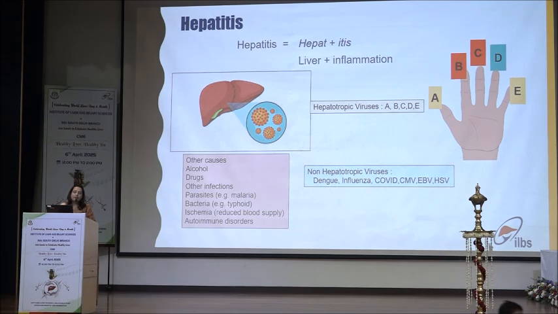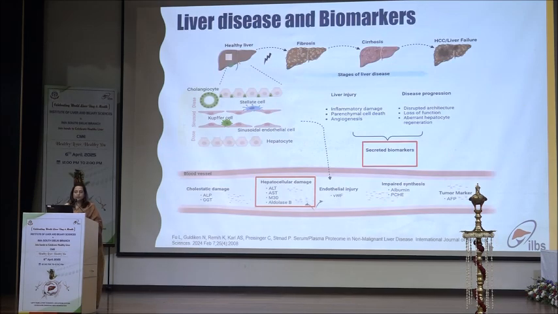Apart from it, viruses of the herpes family like CMV, EBV, herpes can also give an insult to the liver. Other causes, yes, there are many: alcohol, drugs, parasites, bacteria. All these can lead to inflammation.